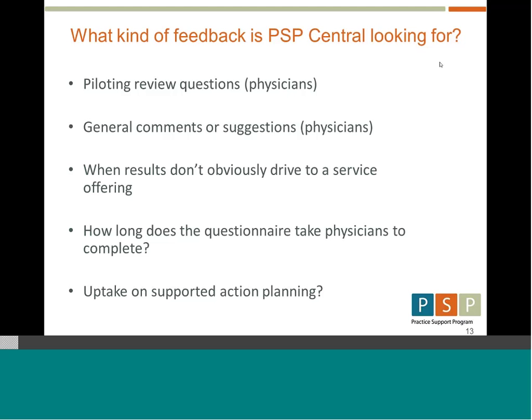So there's been heavy GP involvement in who's made the decisions about how to shape this and pare it down. Right now we're at the stage of wanting to get broad GP feedback through this piloting process.